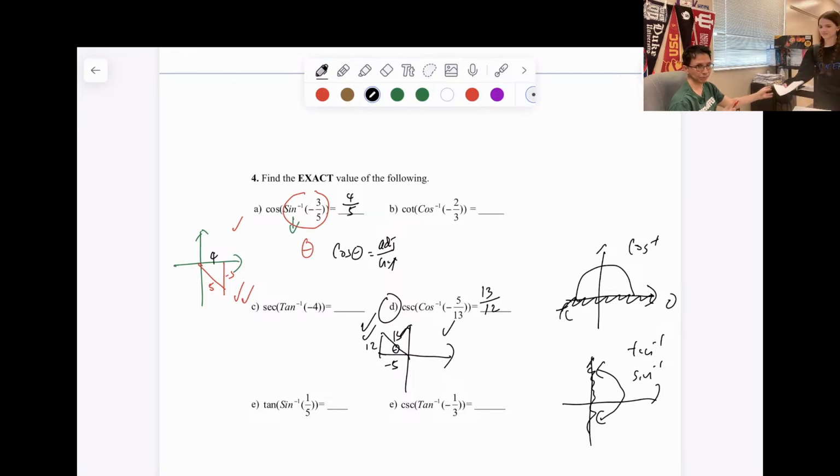Oh, can I keep it? It's related. I was asking about this part. Isn't that also a possible coterminal? For this one, I put my positive and my negative coterminal, and I didn't get the point for it. What did I do? That's negative 11 pi. Actually, that's negative 13, I believe.